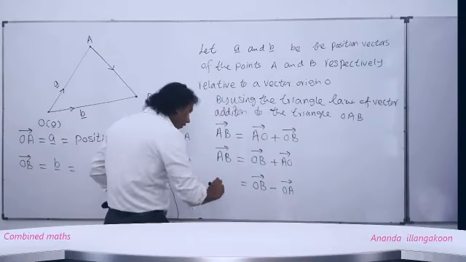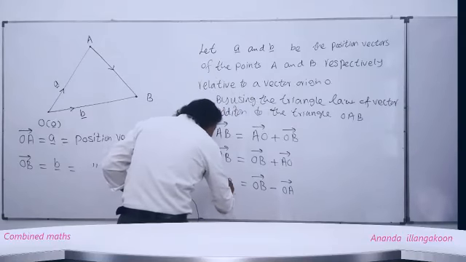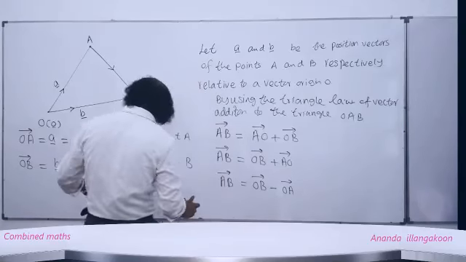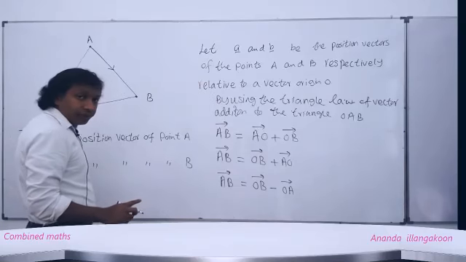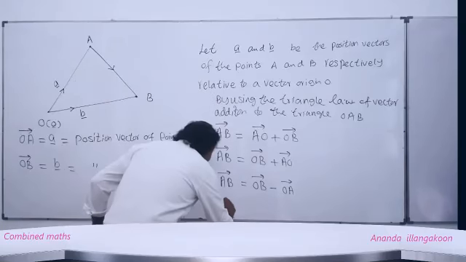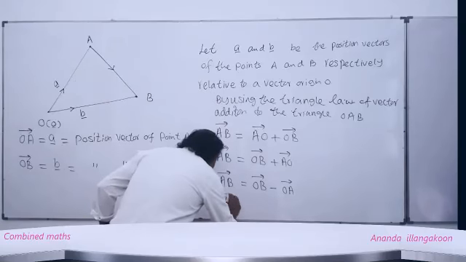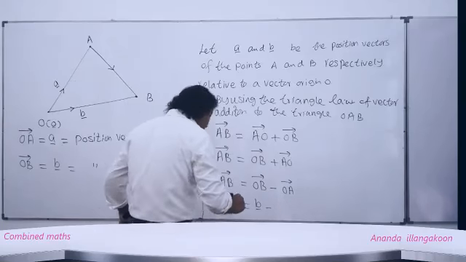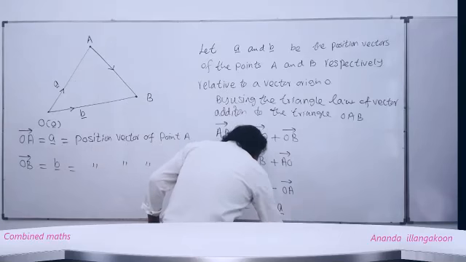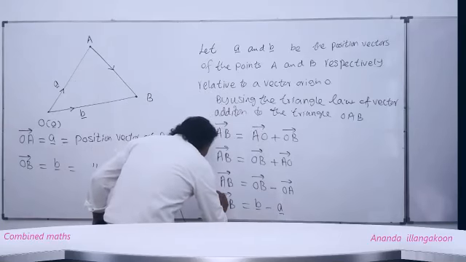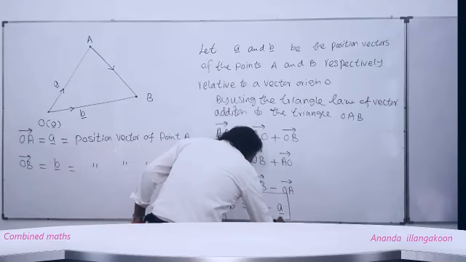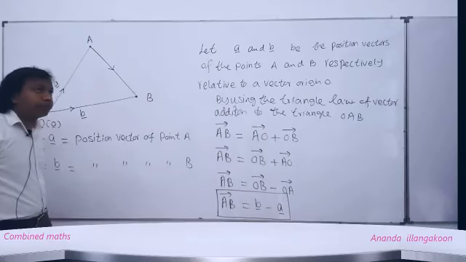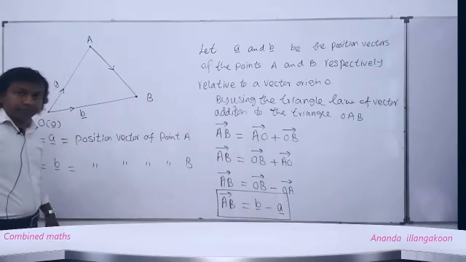Then this is AB vector. What is, people, OB vector? OB vector is the position vector of B relative to O, minus OA vector simply. Therefore, this vector AB you can write using the position vectors like this.